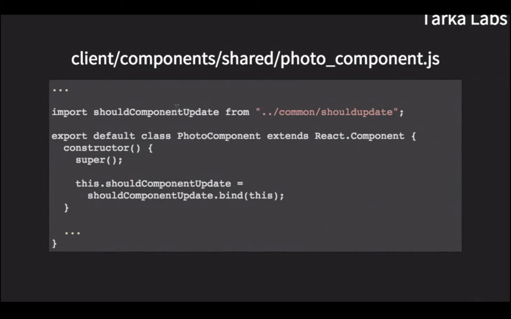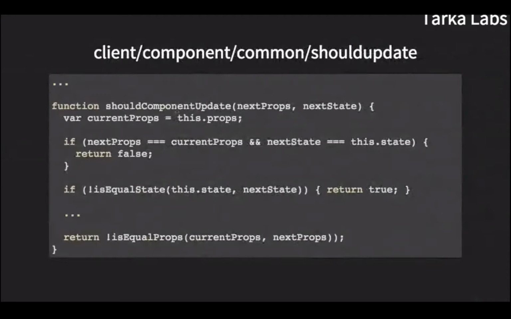Looking at the photo component, I have my shouldComponentUpdate method defined on the photo component. So it has this.shouldComponentUpdate = shouldComponentUpdate.bind. We look into the internals of the common shouldComponentUpdate file, which is an implementation we have borrowed from Omniscient. The reason I'm telling you about this is it helps us in short-circuiting, or rather not even computing what needs to be diffed by the virtual DOM algorithm itself.